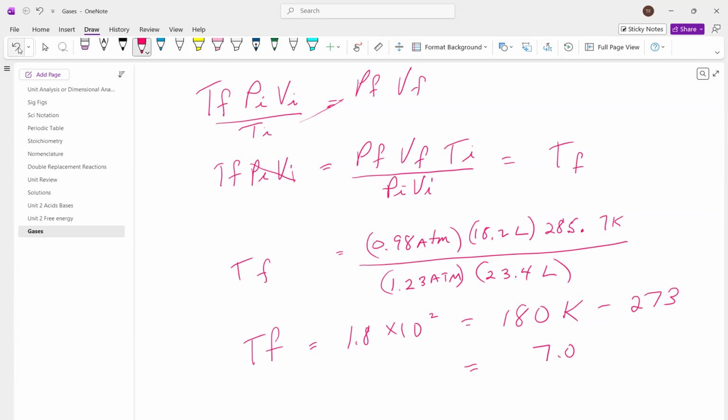So the new temperature inside that balloon is going to be 7 degrees centigrade. A little on the chilly side.